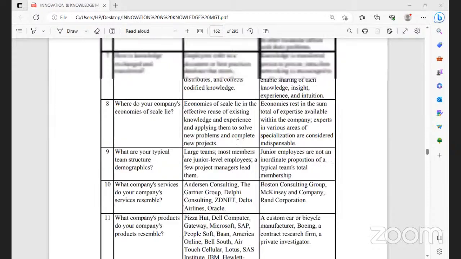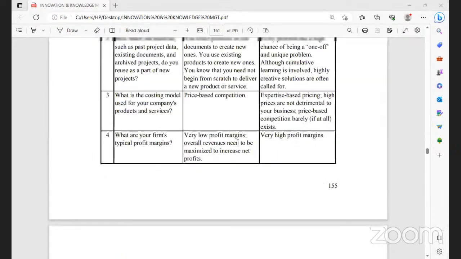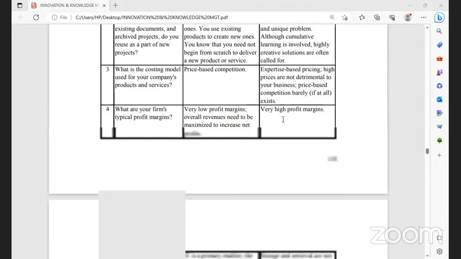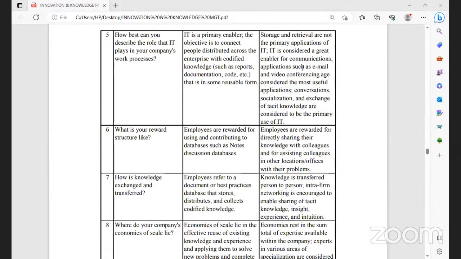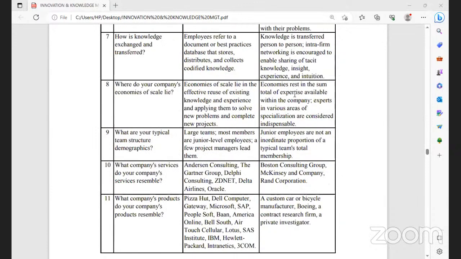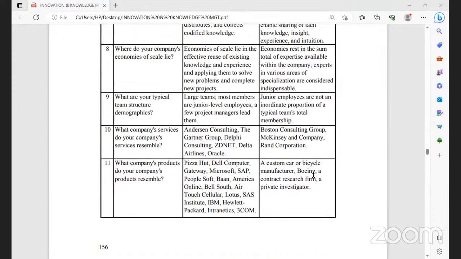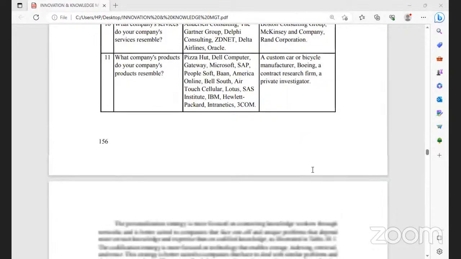Next, relating to personalization: storage and retrieval of data, employees are rewarded and knowledge is transferred, and junior employees take part in a team environment. An example is Boston Consulting Group, and an example of a product is a custom car or bicycle.